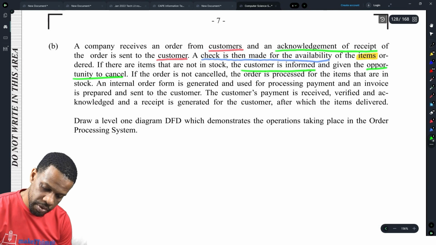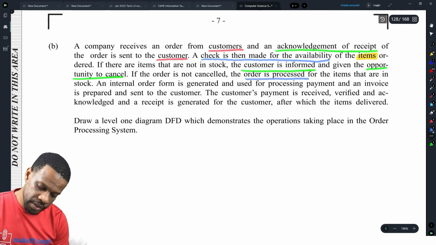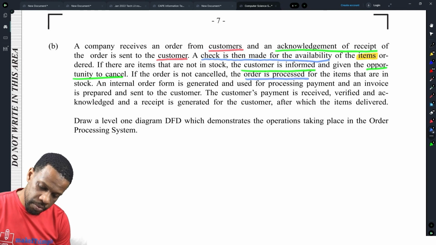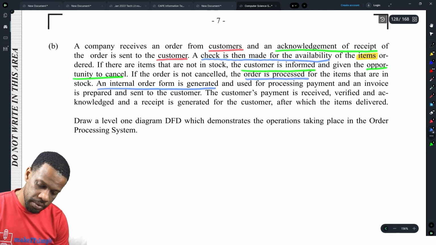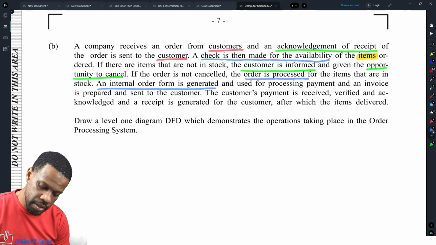And for the order to be processed as a process, for the items that are in stock, an internal order form is generated. So the internal order form being generated is a process, and it is used for processing payment, and an invoice is prepared.